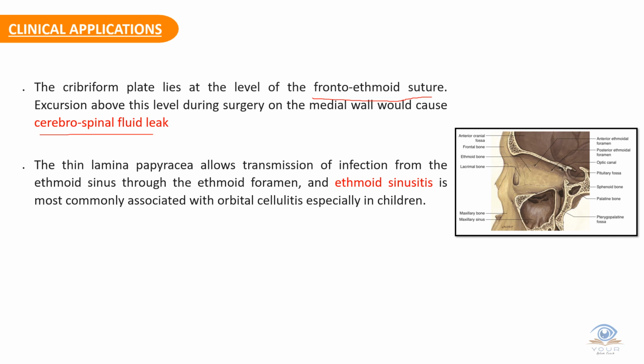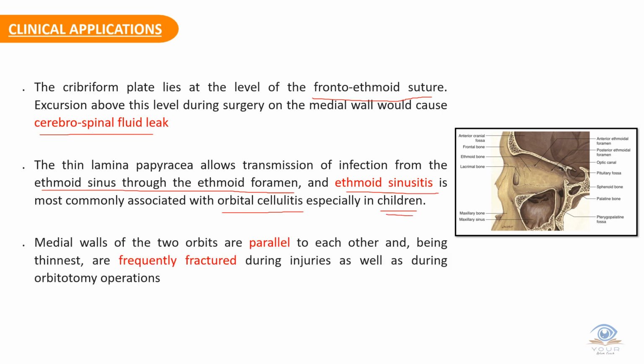The thin lamina papyracea allows transmission of infection from the ethmoid sinus, and ethmoid sinusitis is most commonly associated with orbital cellulitis, especially in children. Medial walls of the two orbits are parallel to each other and, being thinnest, are frequently fractured during injuries as well as during orbitotomy operations.